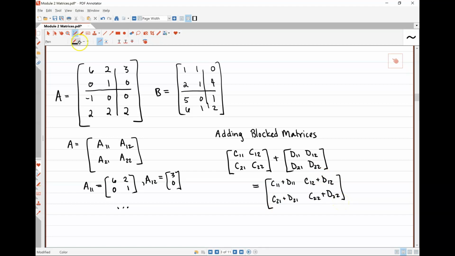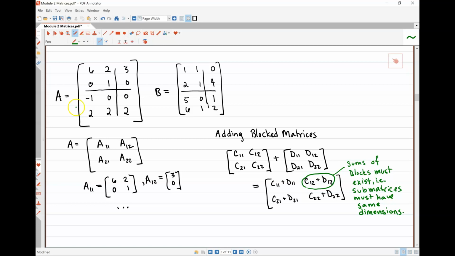And the important thing to think about here is that in order for this sum of these blocks to exist, these sums of the blocks must exist. And we know we can only add 2 matrices if they are the same size. So these submatrices must have the same dimensions.